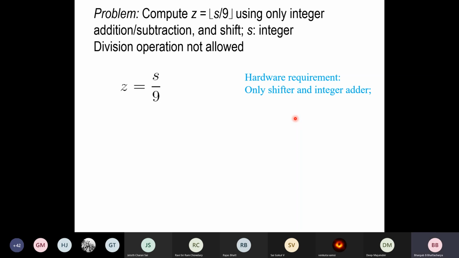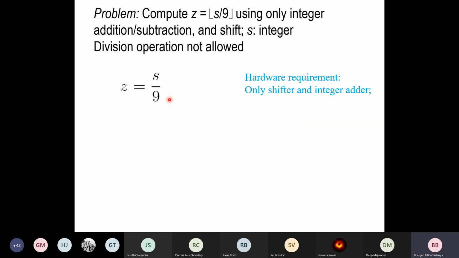So you got the problem, right? Any thoughts on it? There is a simple trick by which you can do this.